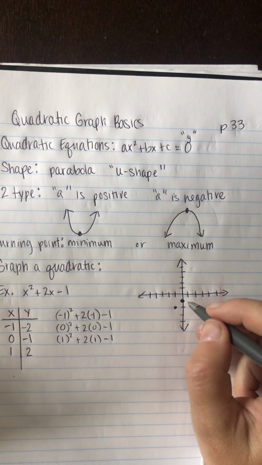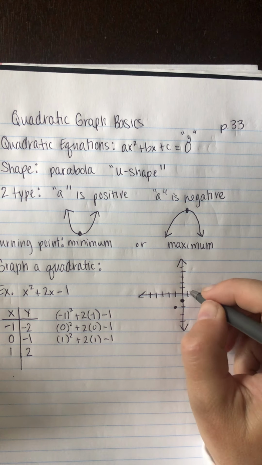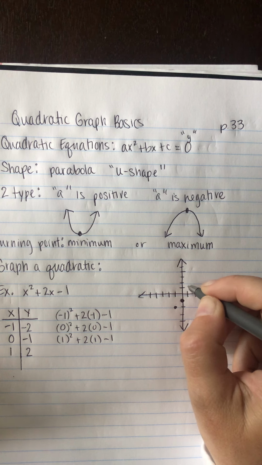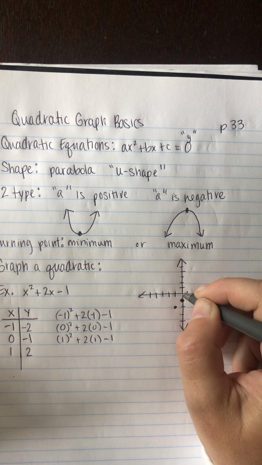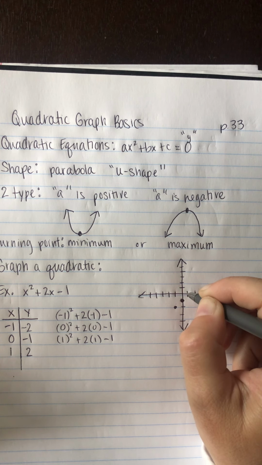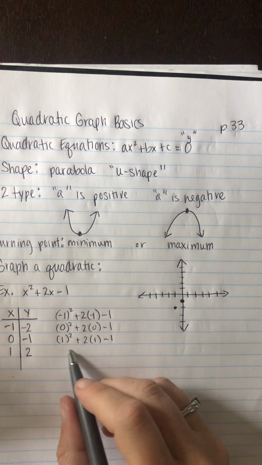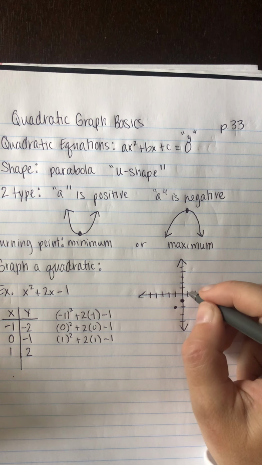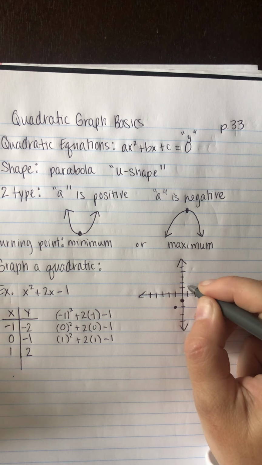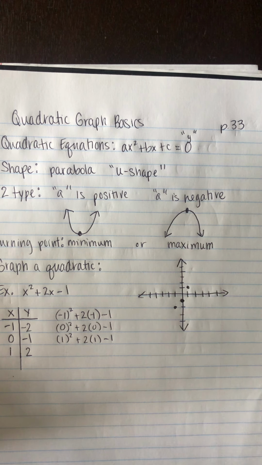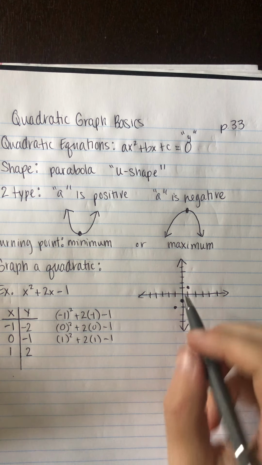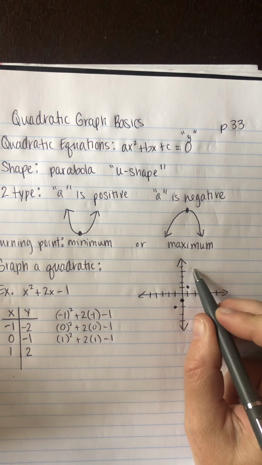So we have 1, +2. All right, so it looks like our curve's going to be going upward like this.